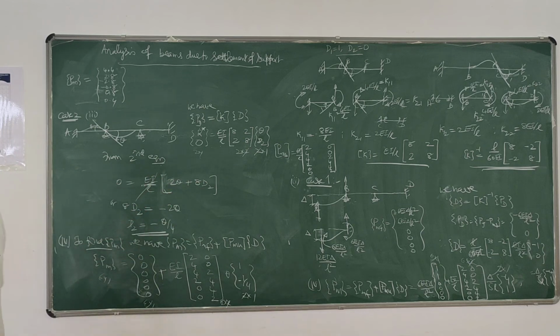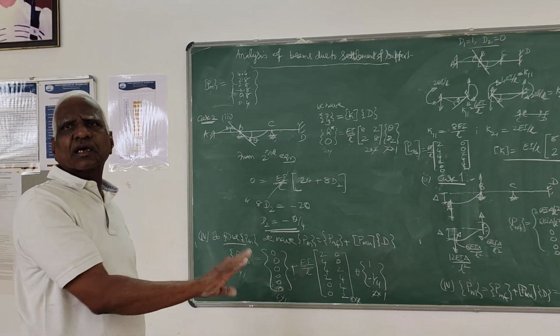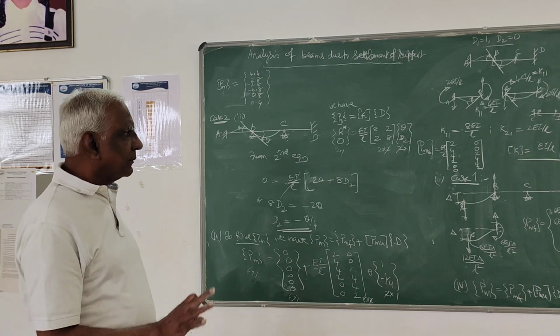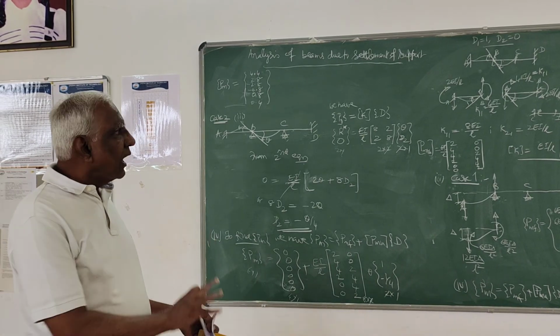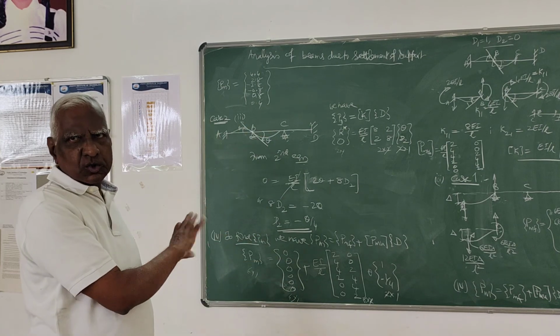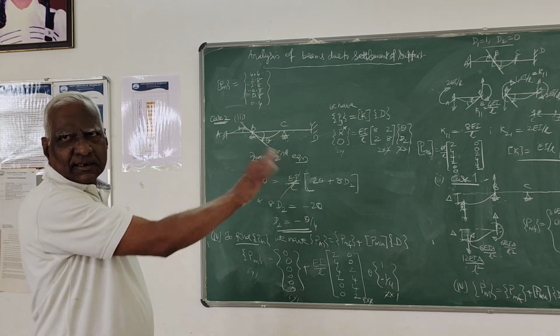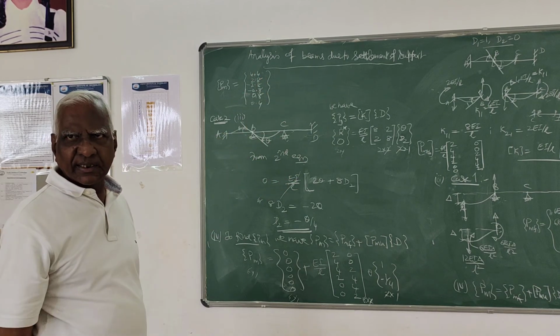So that is the analysis due to settlement, corresponding to kinematic indeterminacy or not. With this, all beam problems, rigid frame, sway, non-sway, follow the same similar procedure. Only the translation you have to generate in the stiffness method. That's the only change as indicated.